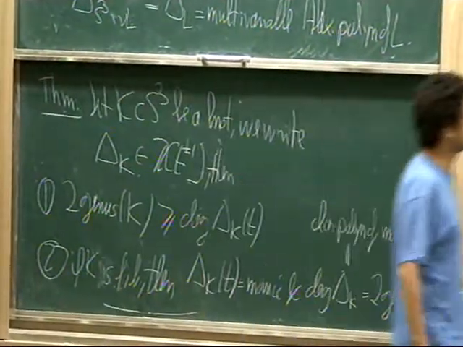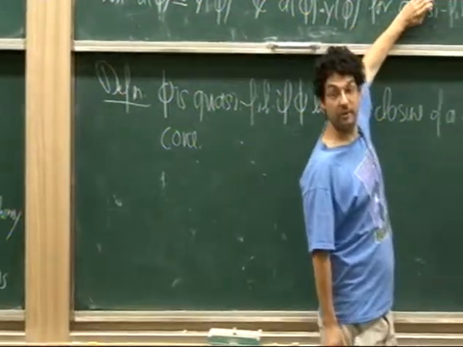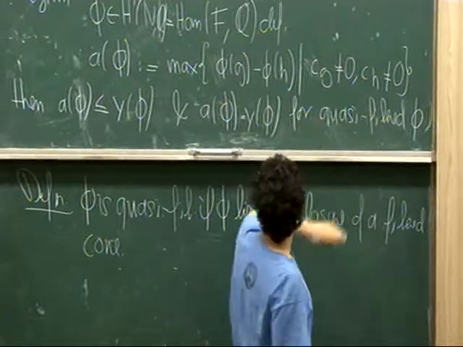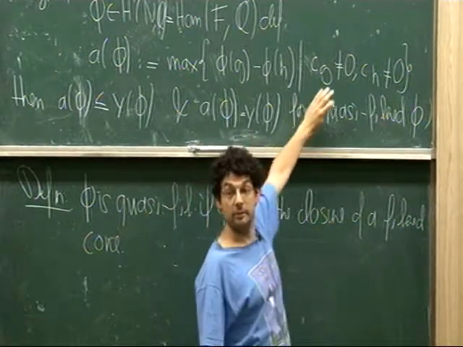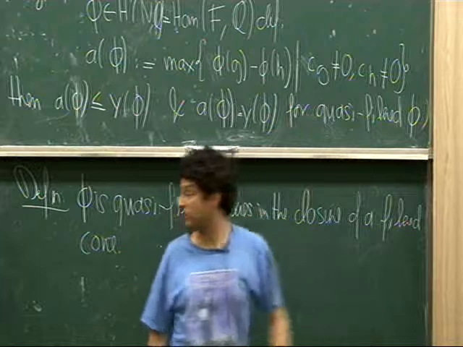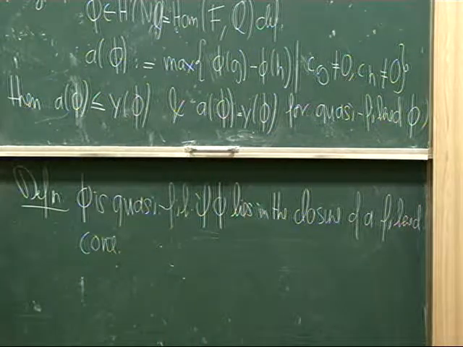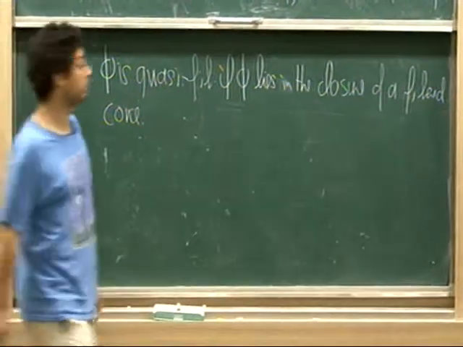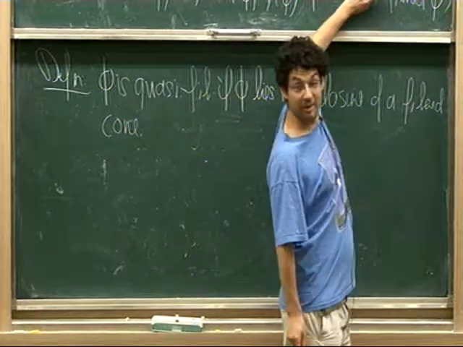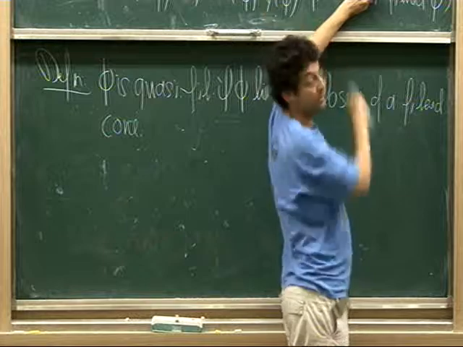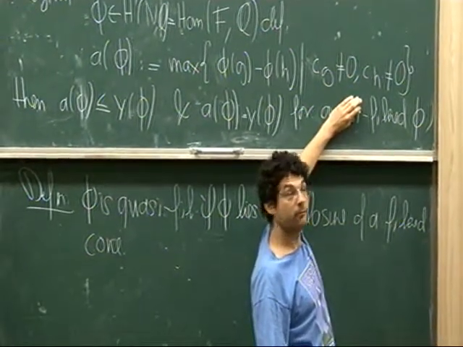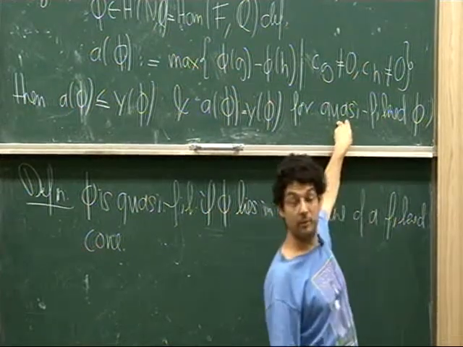Now let's forget about quasi for a second. If I have fibered classes, then you get an equality here, and the reason is exactly the same as for knots. It's not so terribly complicated. Now quasi-fibered is slightly more general.